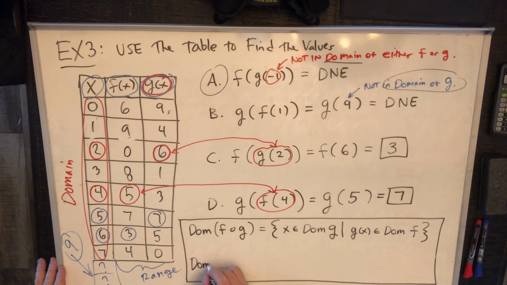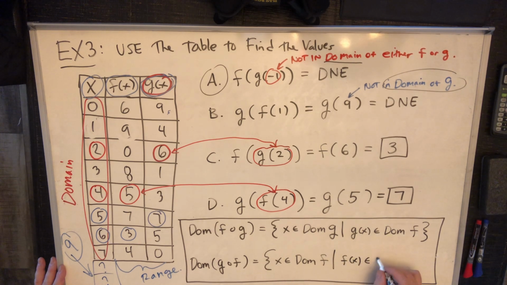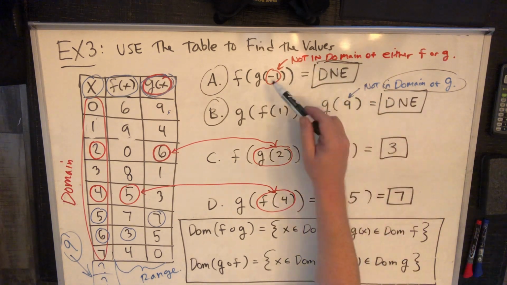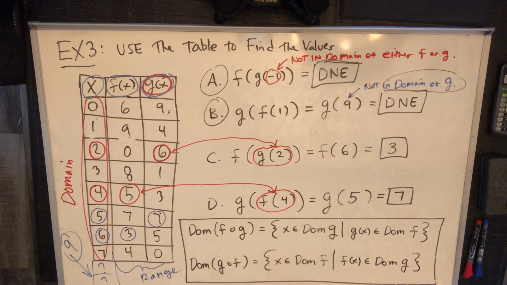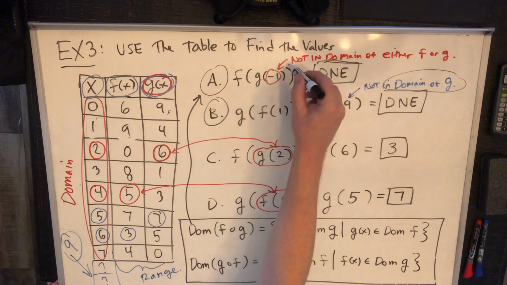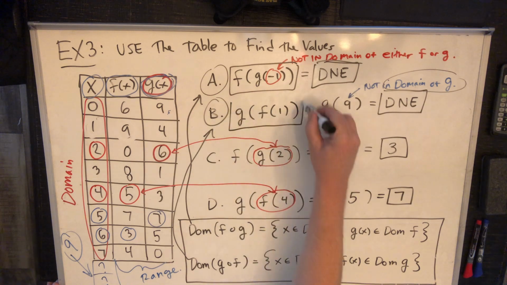Similarly, the domain of g∘f is the set of all x in the domain of f such that f of x is in the domain of g. So part A and part B both came out to be DNE because their values were not in the domain of the composition. For part A, it was the domain of f∘g. And for part B, it was the domain of g∘f.